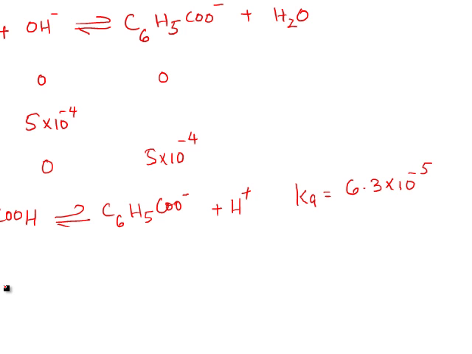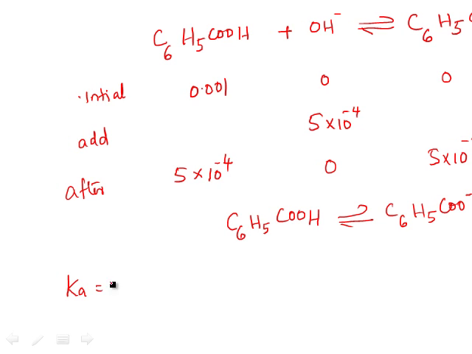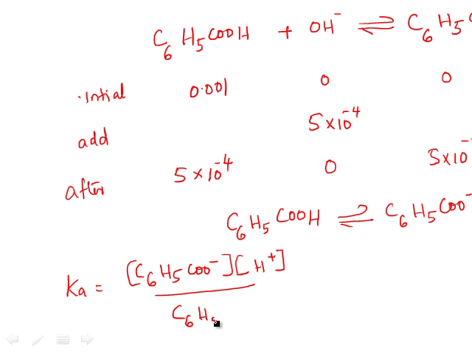Now you can plug in the numbers for the Ka expression, right? Ka expression would be, what are the products? C6H5COO minus multiplied by H plus over C6H5COOH concentration. This would be your Ka expression.